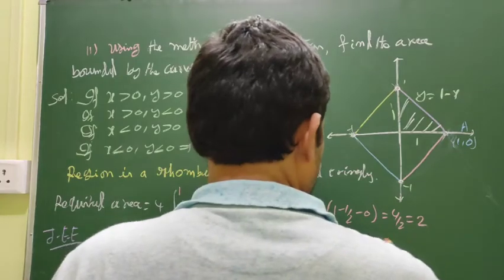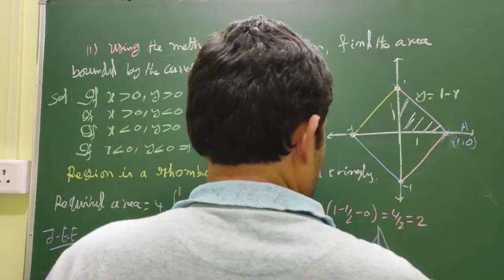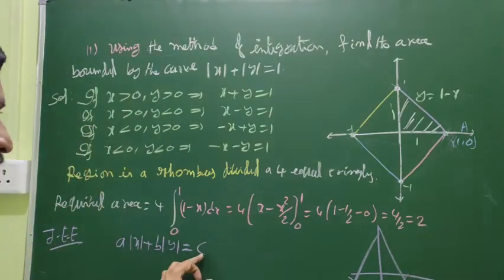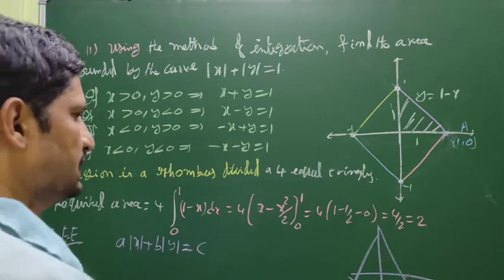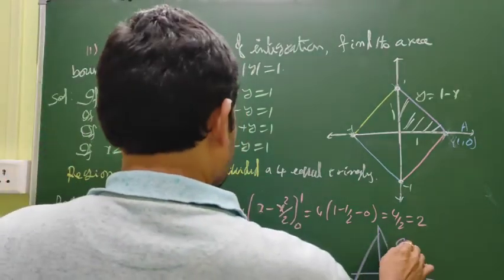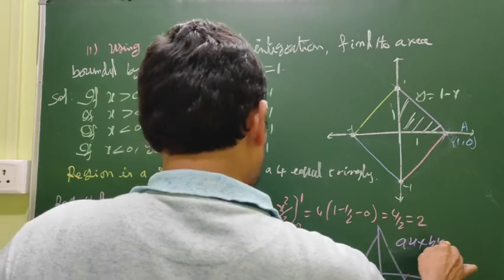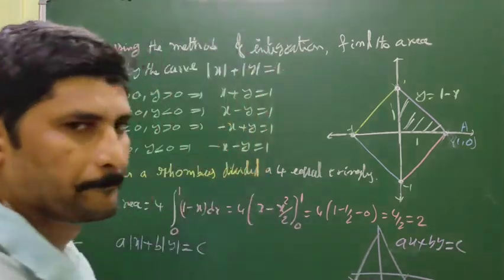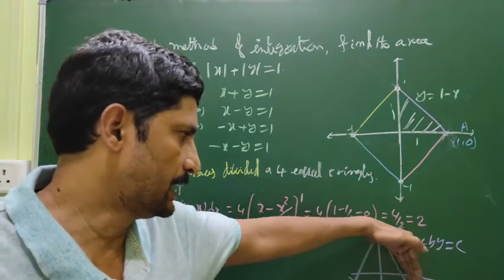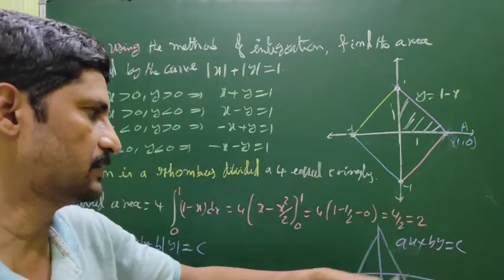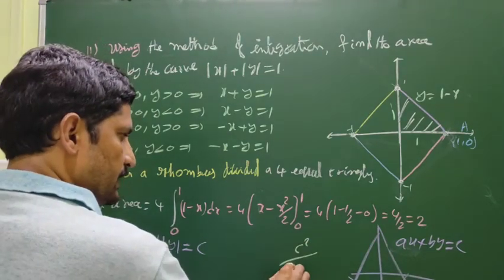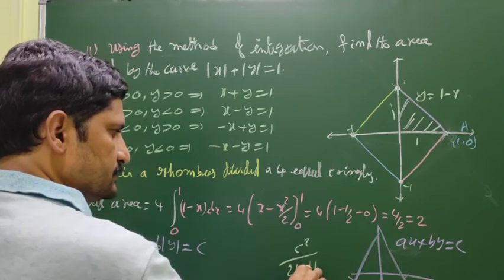See in this diagram, the area is like this. Now what is this line? If it is positive, then the equation is ax plus by is equal to c. Now the area of this triangle formed by the line, x-axis and y-axis is c square by 2 mod ab.